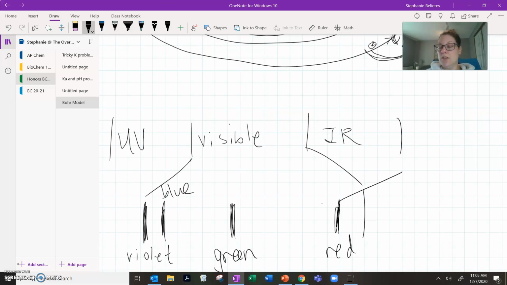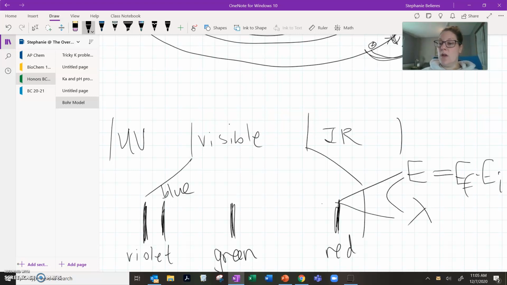And these specific wavelengths of light correspond to an energy that is the difference between two transitions. So this wavelength corresponds to an amount of energy that is the result of a transition.